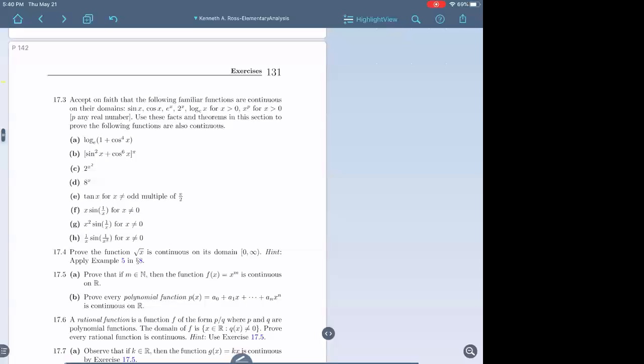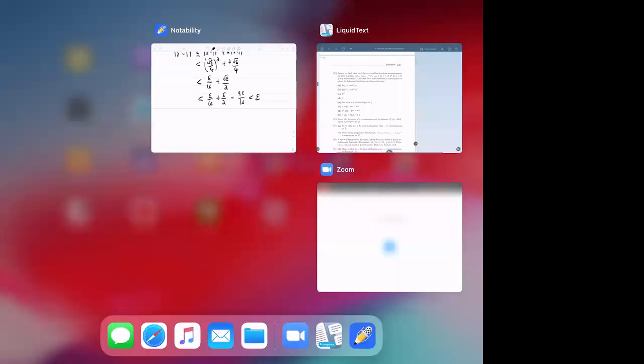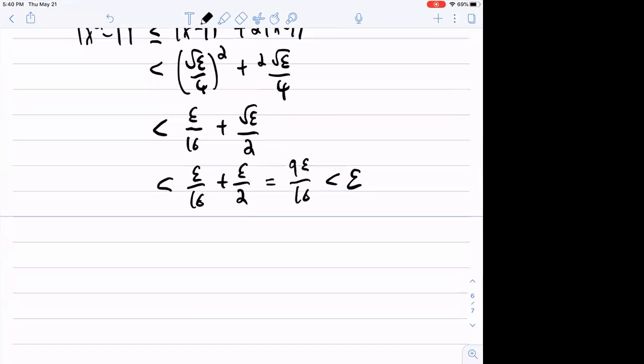In general, most functions are continuous in their domain. That's a word of advice.